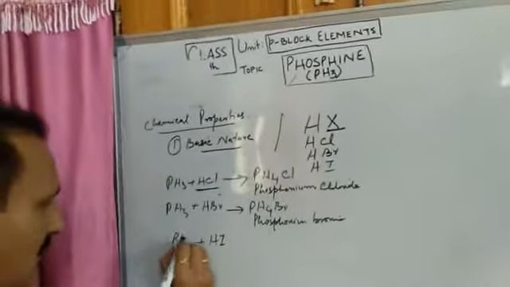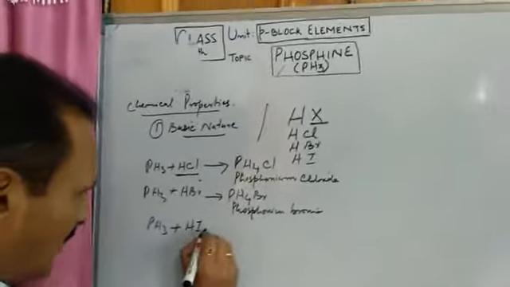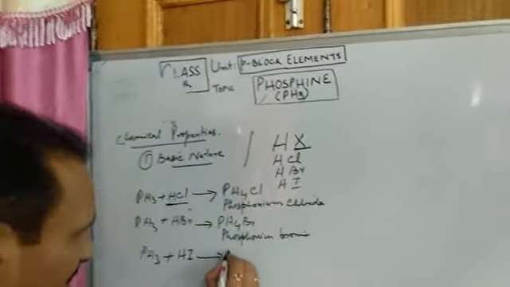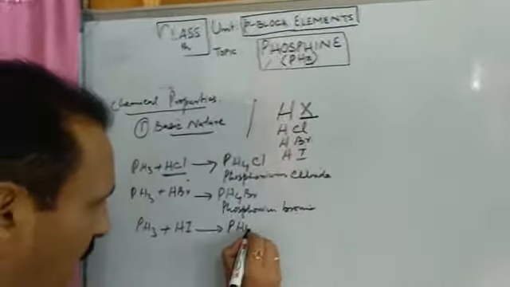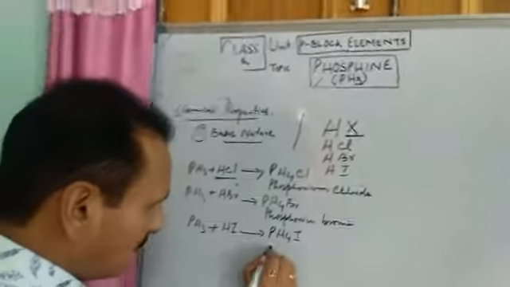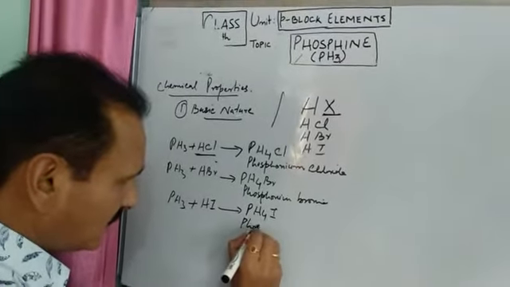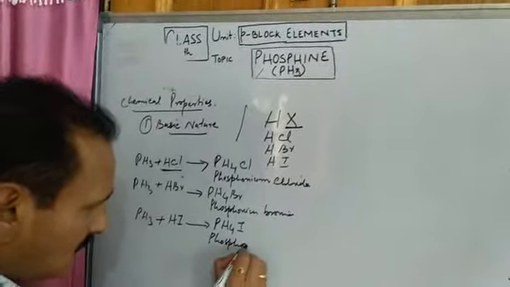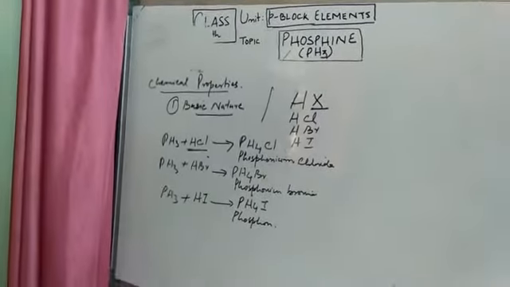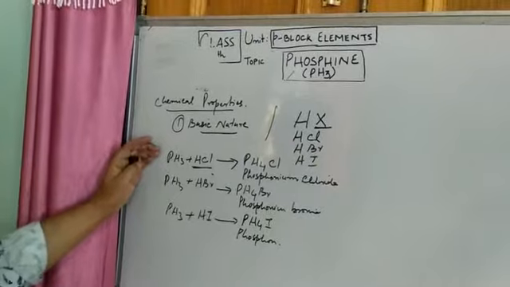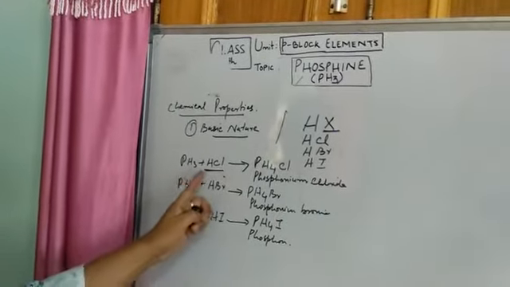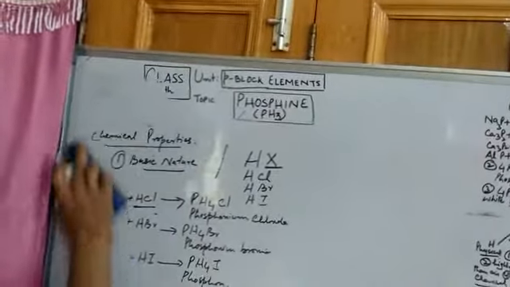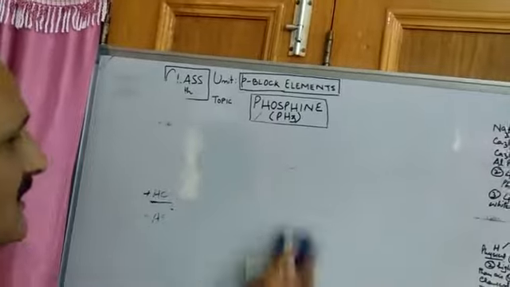Then the reaction will be phosphine plus HI, and this time we will get PH4I, that is phosphonium iodide. So phosphine, when treated with halogen acids, forms phosphonium salts, which indicates that phosphine is basic in nature.